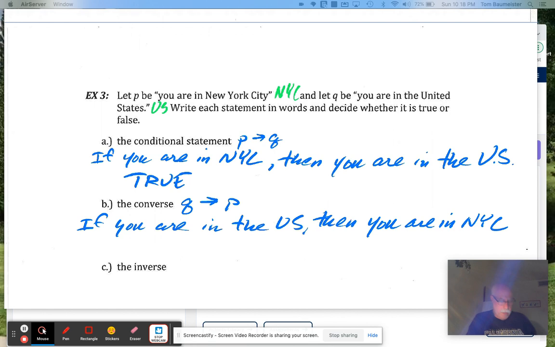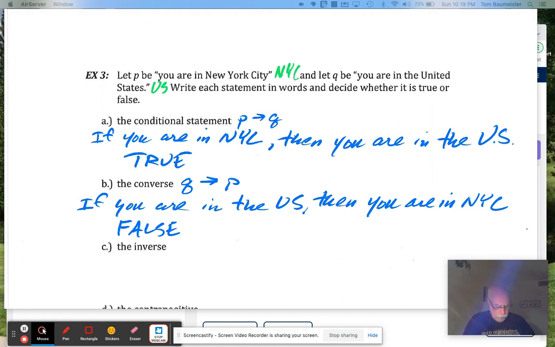All right, and think about that one. Is that one true or is that one false, people? And hopefully you'll say it's false. And again, sometimes I'll ask you for an example. We'll talk about that probably later. But again, you could say if you're in the US, then you are in New York City. That's false because you could be in Seattle.